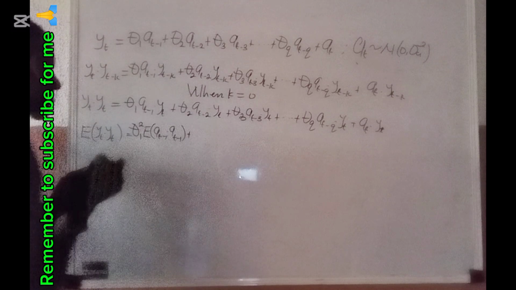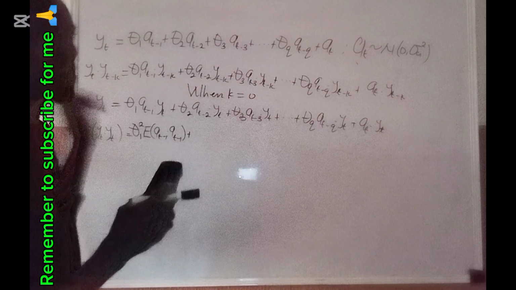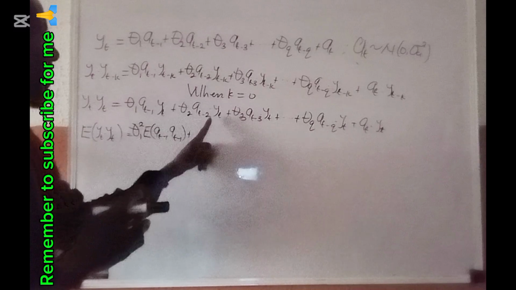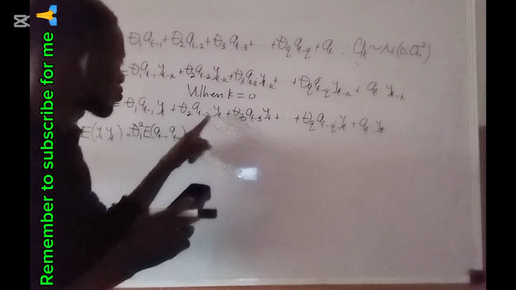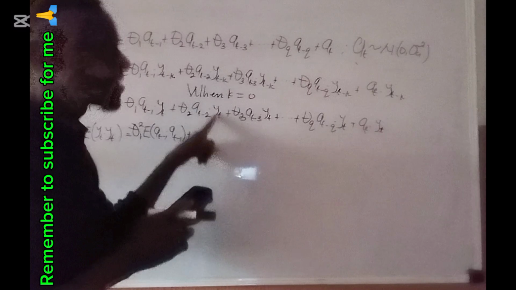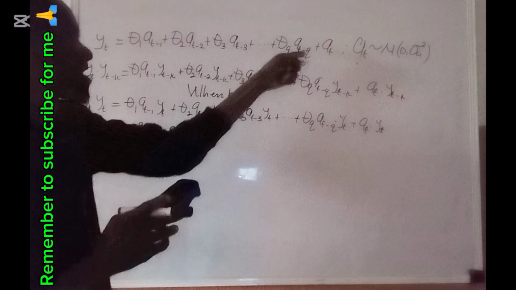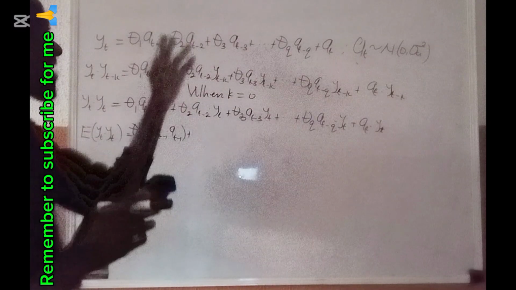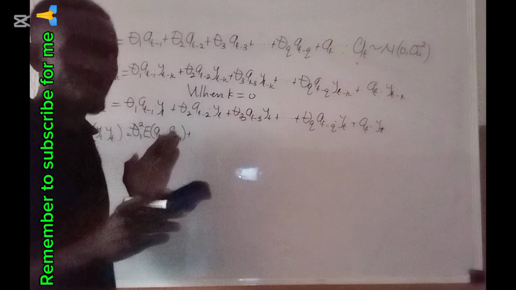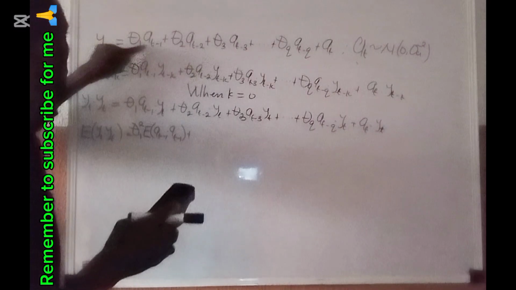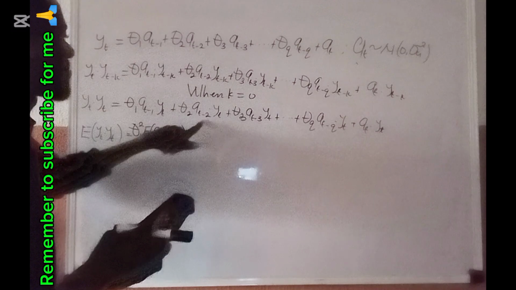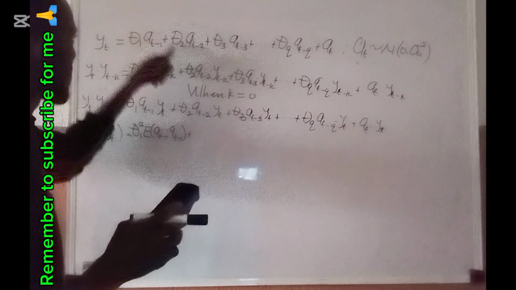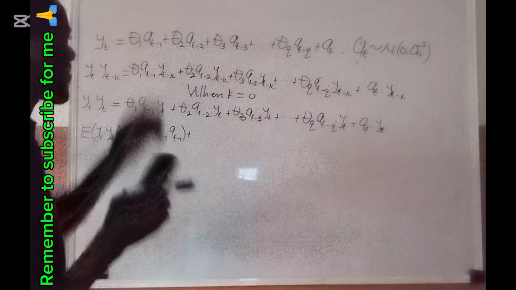I will say plus. When I now come over to this particular one, I am using theta 2 a of t minus 2 to multiply y of t, and this is my y of t. I will be interested where the error terms have the same time lag. If I come here, it doesn't have the same time lag because this is t minus 1 and this is t minus 2. So this is the only place where they have the same time lag.